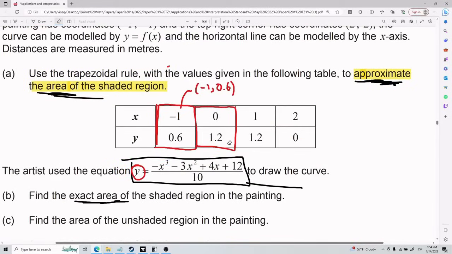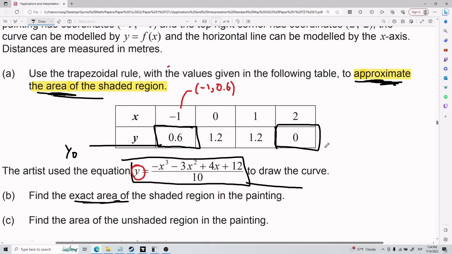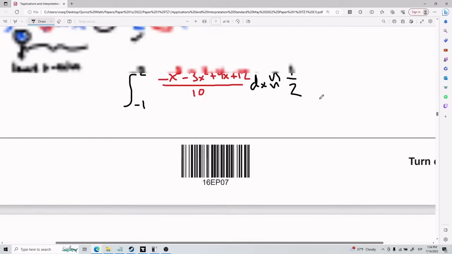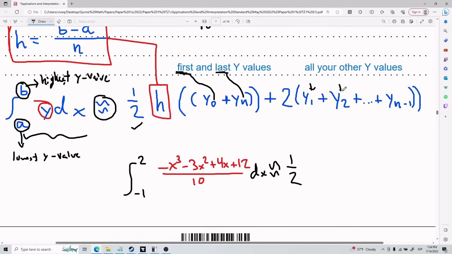Well, the first y value that you see is going to be this one, ¿cierto? It's the one that's most on the left. So this is y0. Okay, what is your last one? Here. So that is yn. Everything in between is going to be your y1, y2, etc.